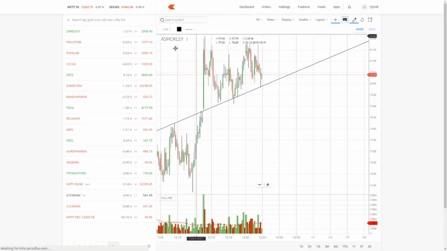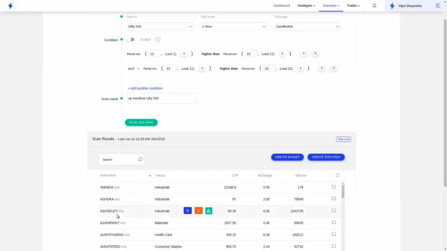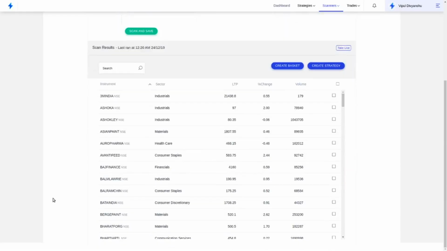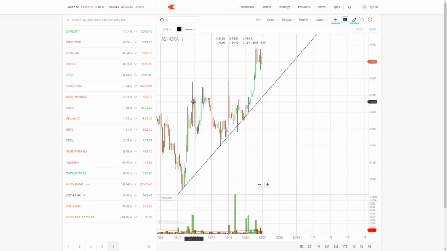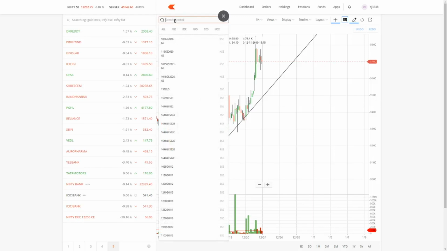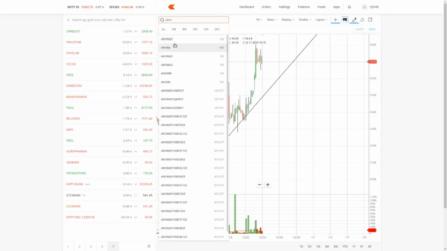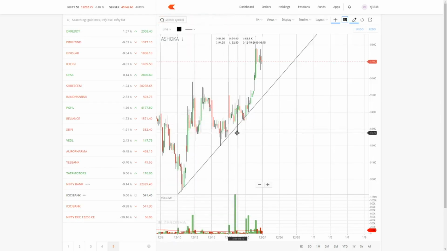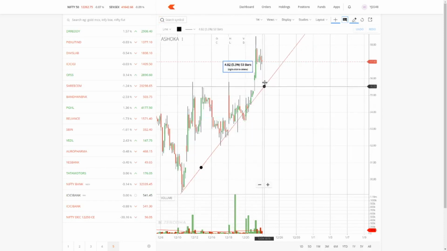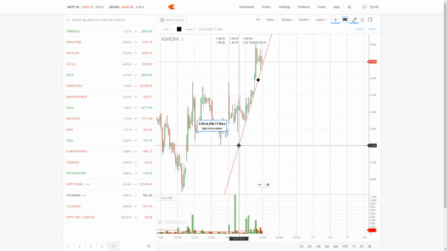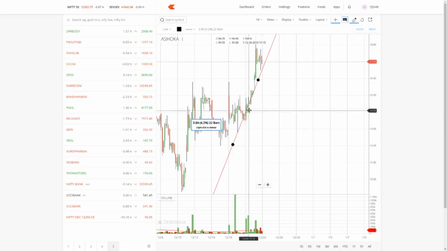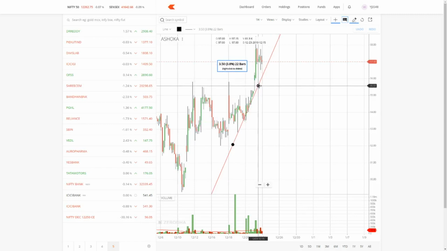Let's look at Ashoka, which again was scanned. If we look at our results, Ashoka, Asian Paints, 3M India, a lot of stocks have been identified. We'll not go through every stock, but let's open a few. So let's open Ashoka, it's already there. This is showing an extremely bullish uptrend based on the line that is being formed.